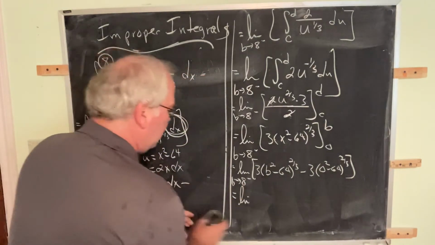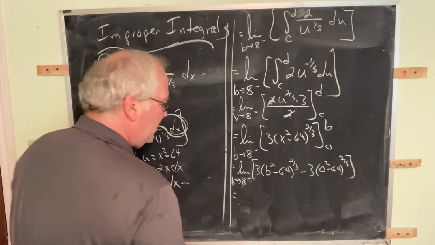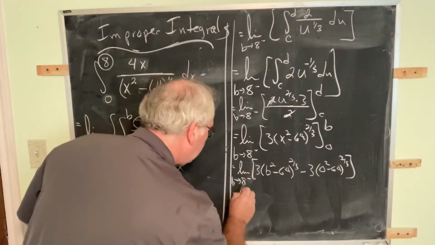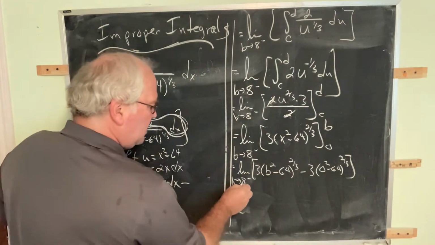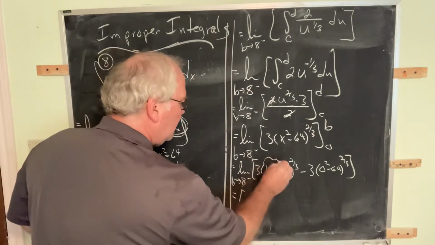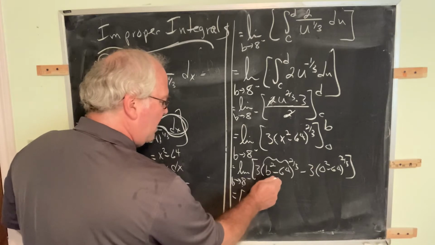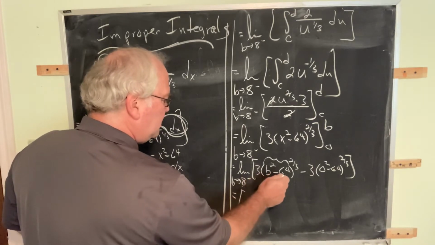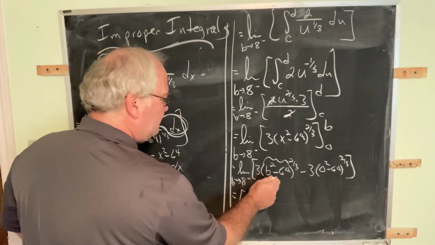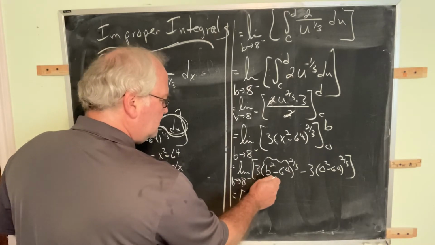Well, we're going to evaluate the limit, so I can stop writing lim. If I substitute 8 in for b, 64 minus 64 becomes 0. That falls out.